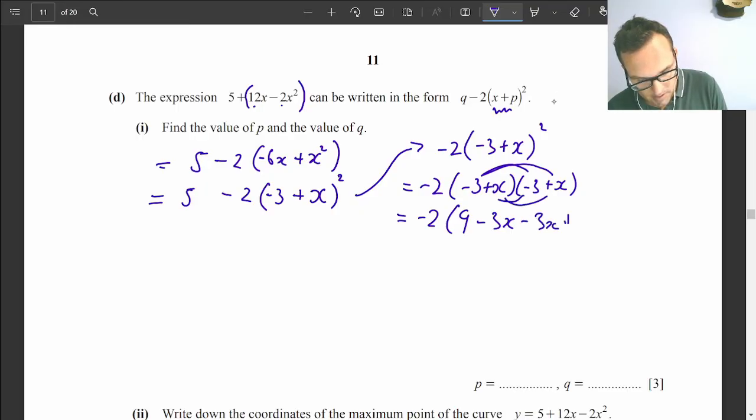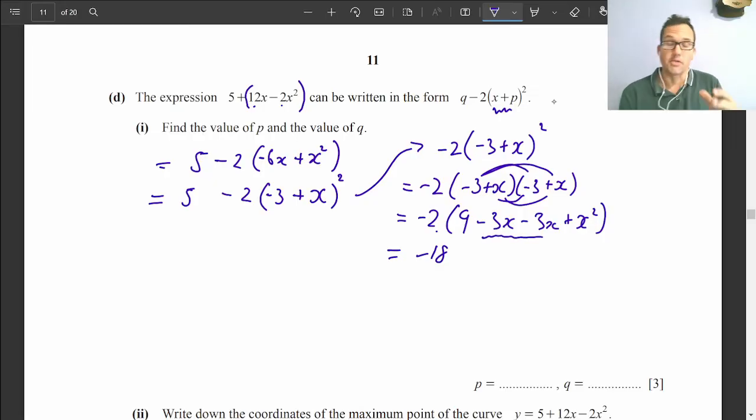And x times x is x squared. Right, now we multiply by that minus 2. That gives us minus 18. We could have simplified this first. Minus 6x times minus 2 will give us plus 12x. And minus 2 times x squared is minus 2x squared.